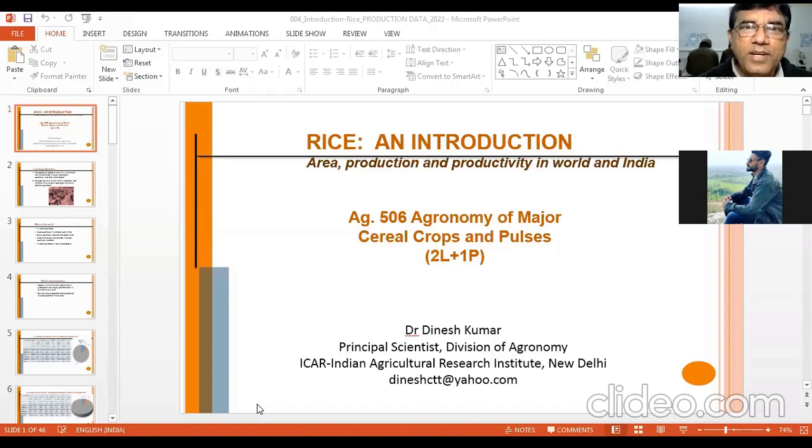And small fields are there, and those small fields are called rice paddies. It started from China. In China, it is mostly a hilly country. Means they have hills also, and on hills they used to grow rice, where they used to have small plots, where they used to bund it, flood it, puddle it, and then transplant the rice.